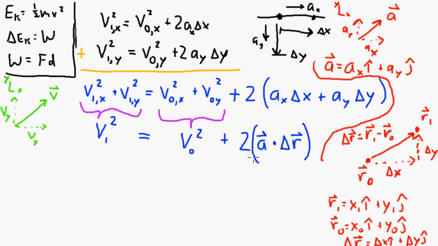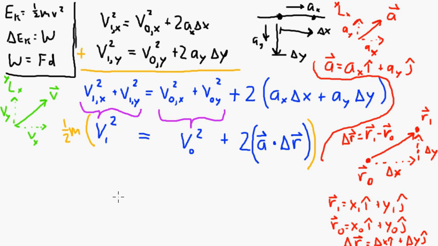Okay? So this equation works down to be final speed squared equals initial speed squared plus 2 acceleration dot delta r. So now we're going to do our same trick from before, and we're going to take this entire equation and multiply it by 1/2 m.